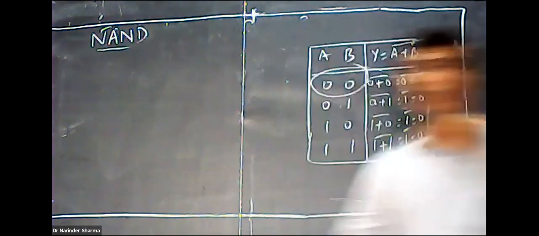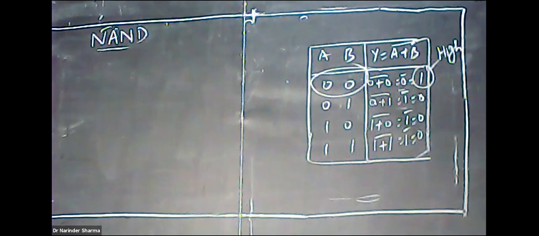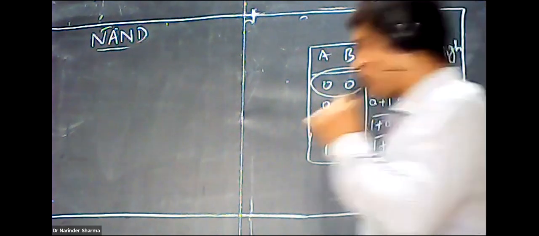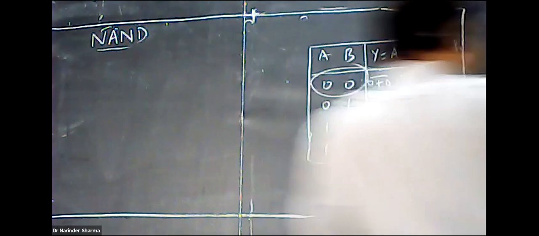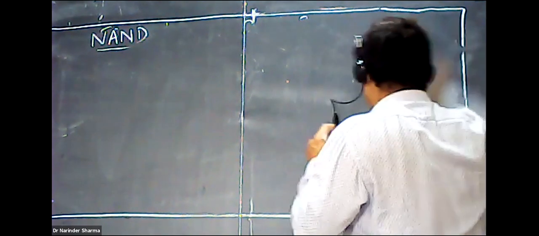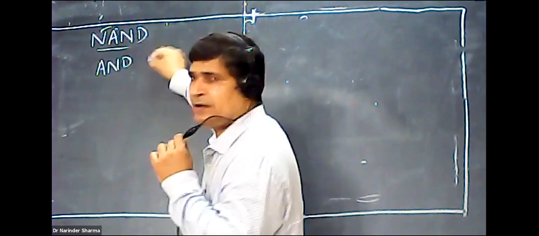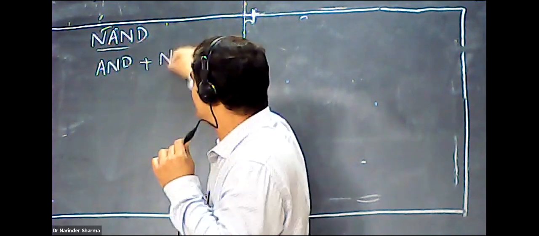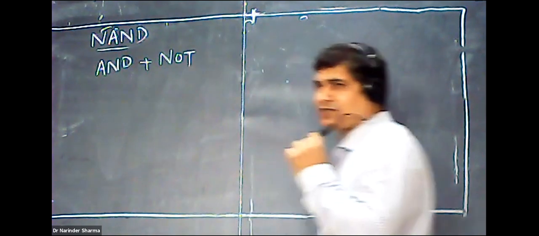NAND gate is also a universal gate. I repeat, NAND and NOR are universal gates. Why are these said to be universal gates? Because by using these gates, we can derive the output of any gate. NAND gate is a combination of AND plus NOT.